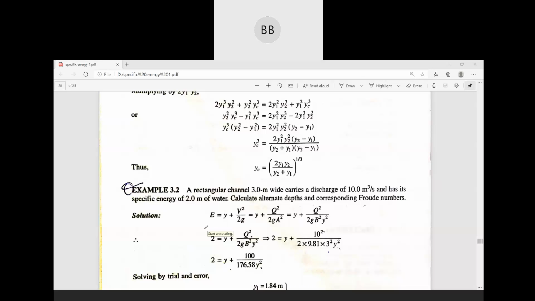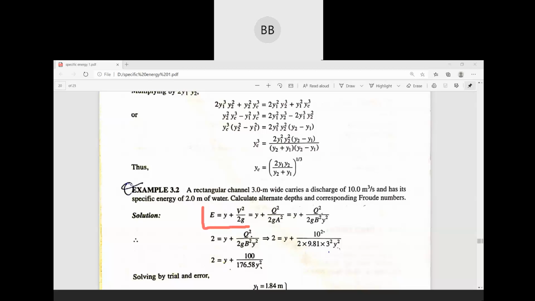So first you consider the energy equation, that is your specific energy equation, y plus v square by twice g. That velocity you can replace by q by A. As it is v square, it will be q square by A square.